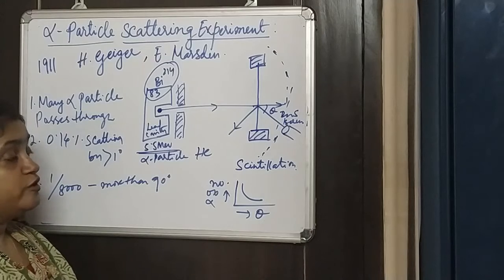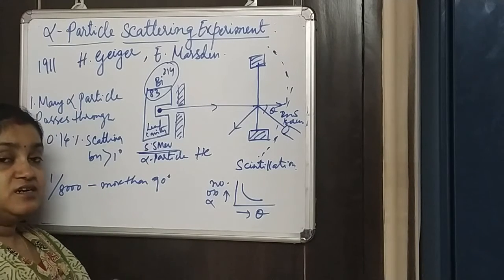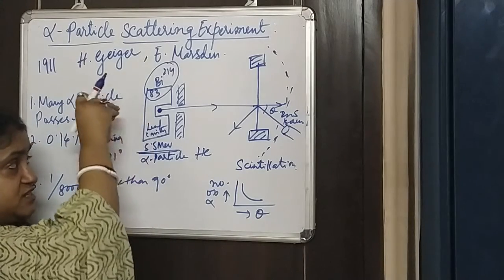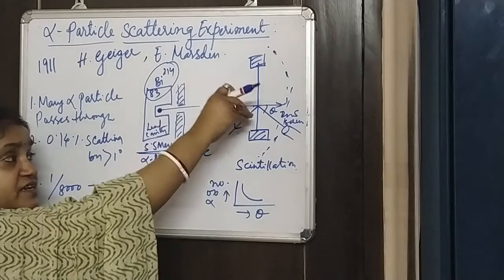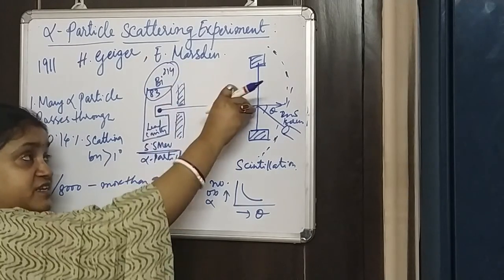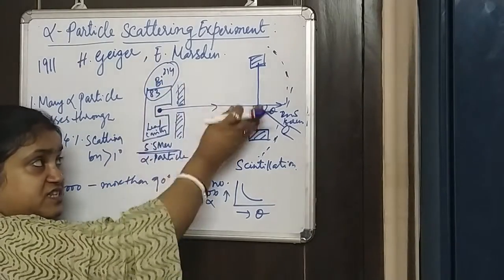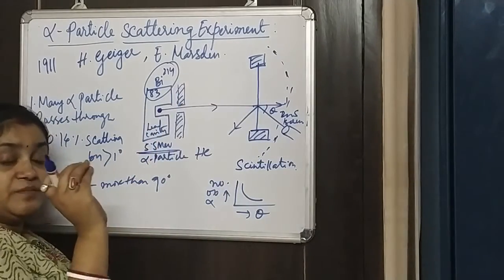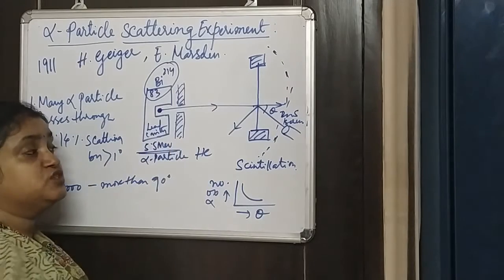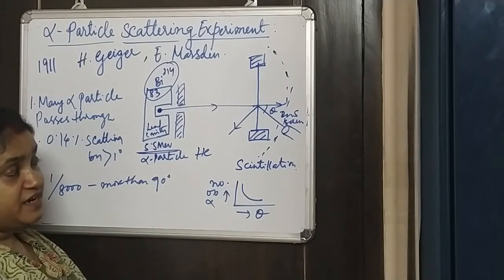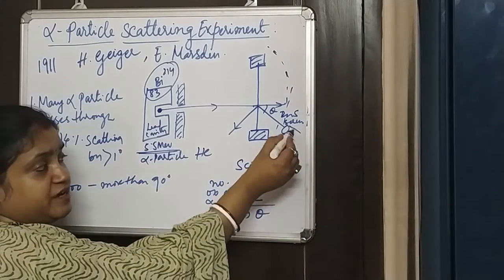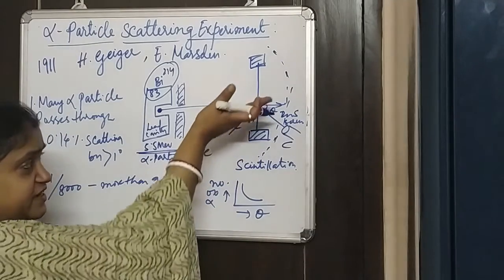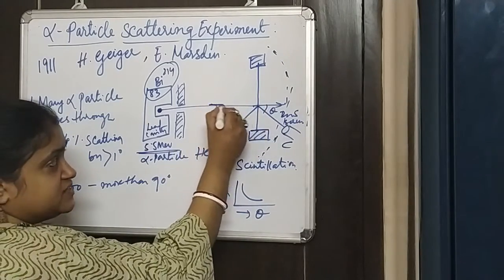Let's see what the various observations from this experiment were. From the source, the alpha particles hit the foil, and if one scatters or moves in a different direction, at that particular angle it will make a bright flash which will be captured by the zinc sulfide, and this flash is observed through a microscope.